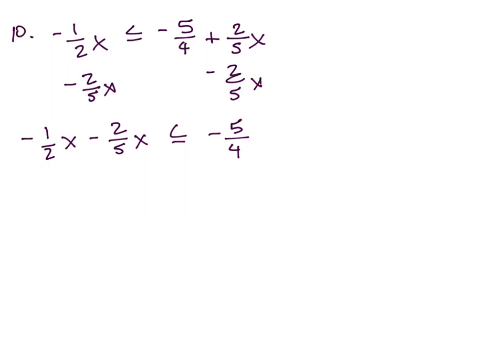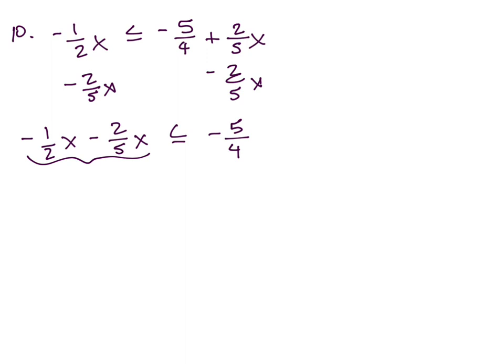So only I need a common denominator on stuff that I'm trying to combine. I'm not interested in getting this negative 5/4 to have a common denominator with the rest of it. I'm not going to be adding or subtracting it. So I'm only needing common denominator right here for these x values. So I've got a 2 and a 5. Where do they meet? 10.